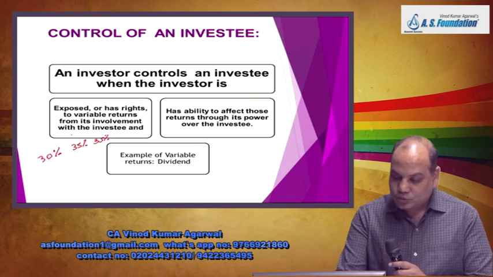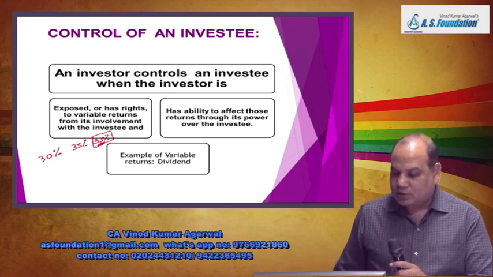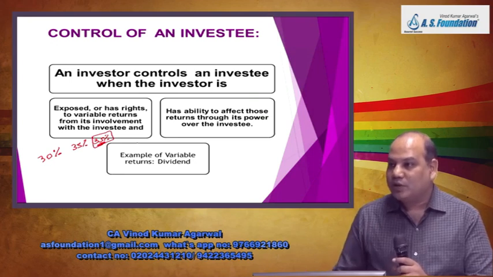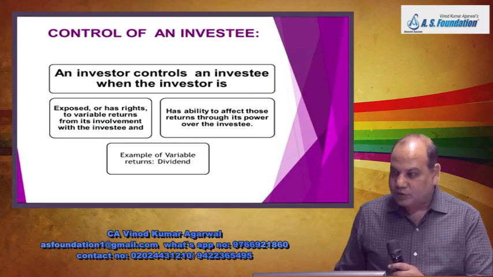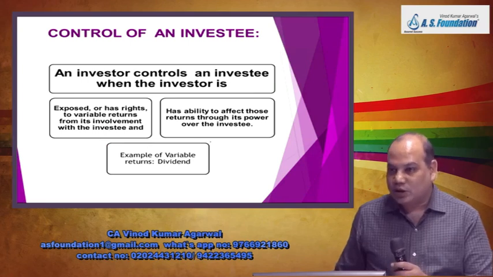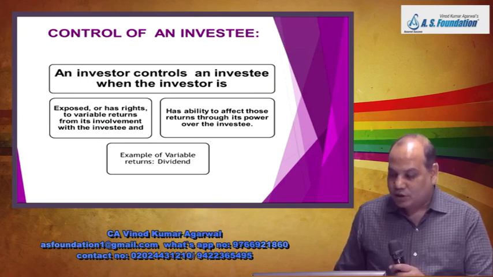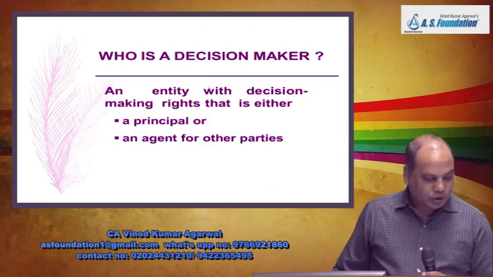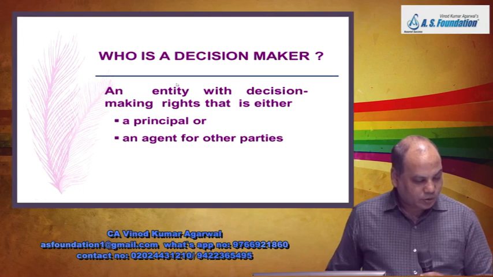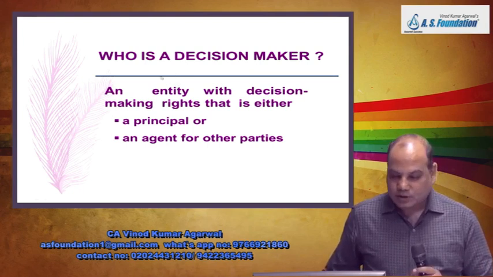So one has to see who has the power to affect the variable returns in the most significant manner. If there is no control, then check whether there is joint control. Accordingly, that standard will become applicable. Now, one or two small definitions we will see, and then we'll go to the consolidation part.